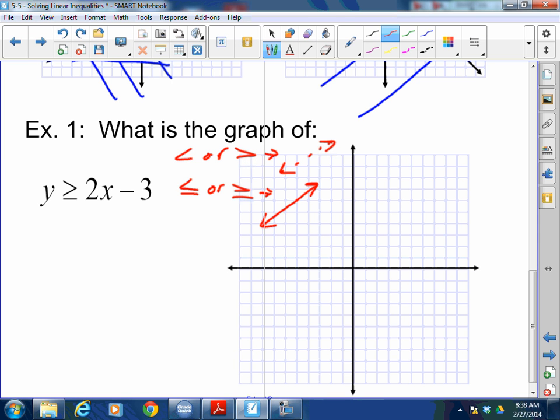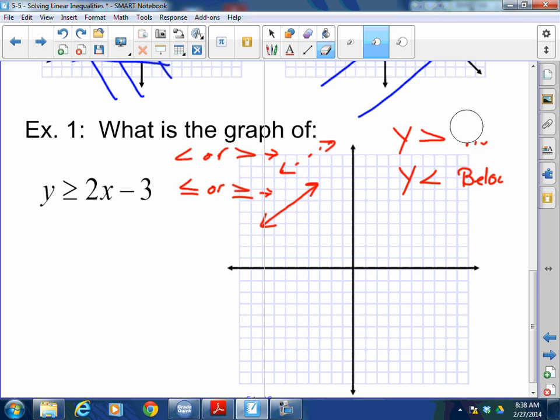And then I have to shade. If I have y is greater than, I shade above the y-intercept, above the line. If I have y is less than, I'm going to shade below the y-intercept, below the line.